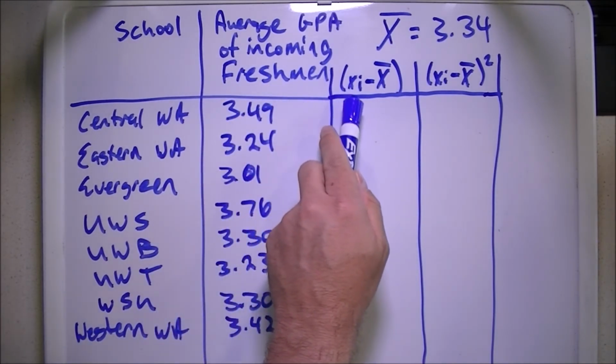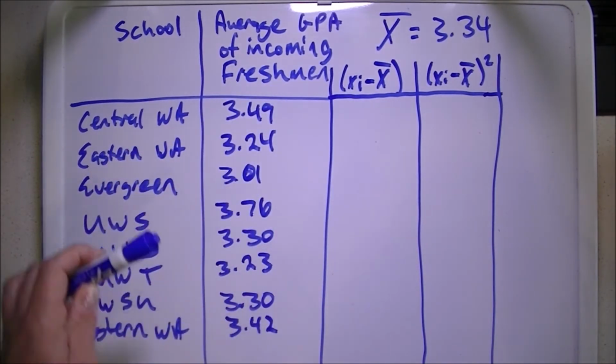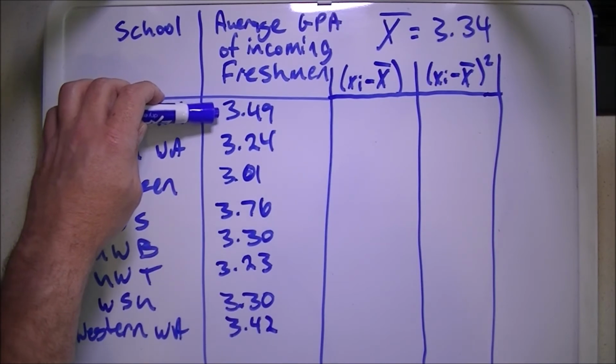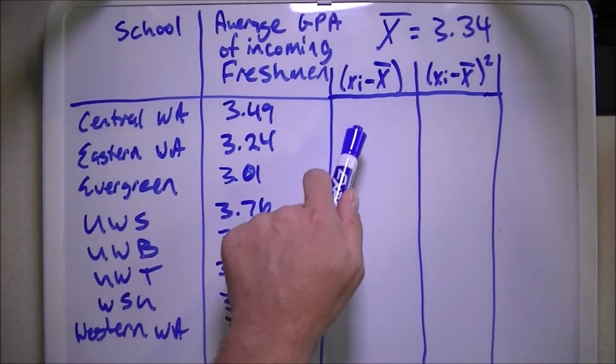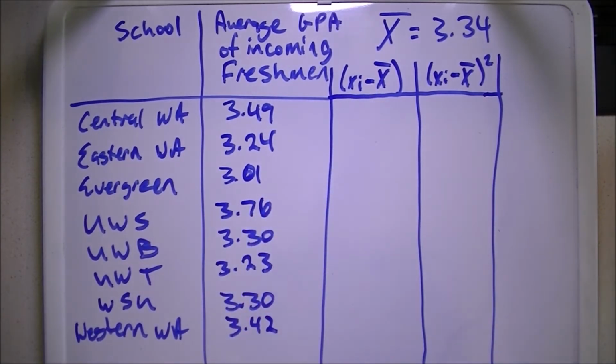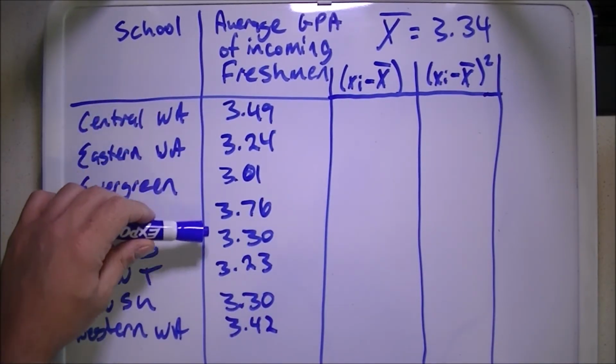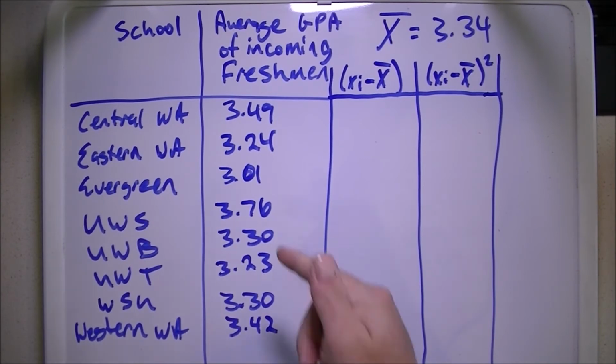So this x_i here represents each score. So for example, 3.49 would be x sub 1, this would be x sub 2, this x sub i. The i is simply representing each of these potential scores, or each of these potential cases, I should say. So I'll do this for Central Washington.